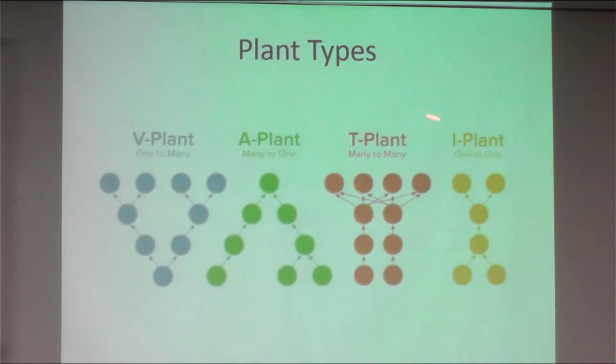Then let us say V-type. I mean, from one type of raw material, you are getting different products. Like, say, you are going for taking mutton. The person is hanging one goat.